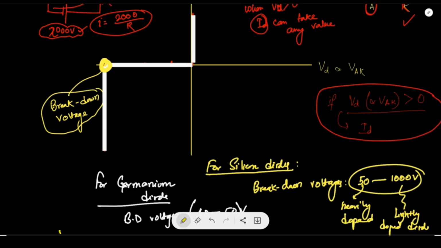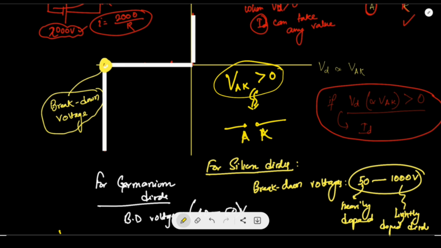And see, whenever we talk about this condition, VAK must be greater than 0 in order for the diode to conduct. We check this condition by open circuiting the diode. We need to open circuit the diode, consider that the diode is not working, and then check whether VAK is greater than 0 or not. Only during this initial condition check we consider this condition.